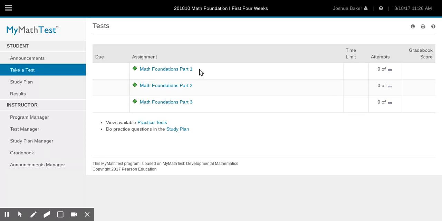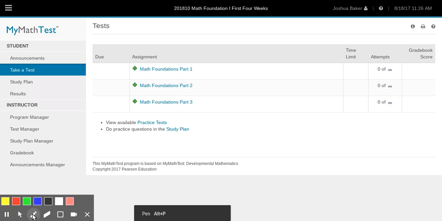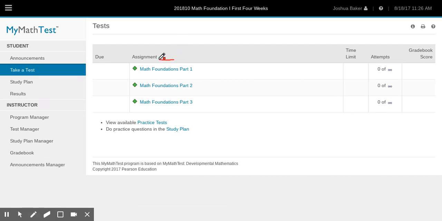But let's say that I take Math Foundations Part 1 and I get a 20. I should not freak out because I got a 20 on that test, because I'm doing what I need to be doing. This test right here is designed to tell the program what you need to know.